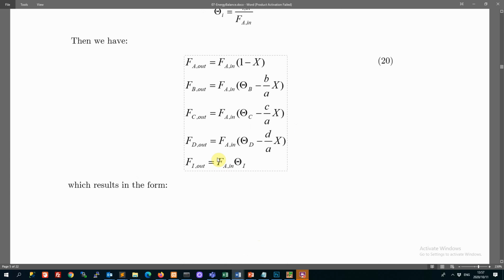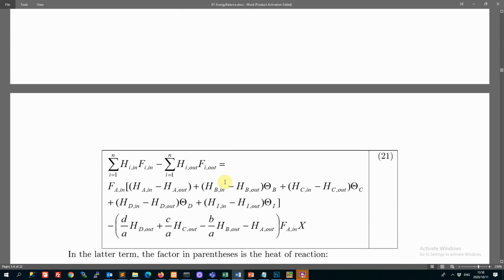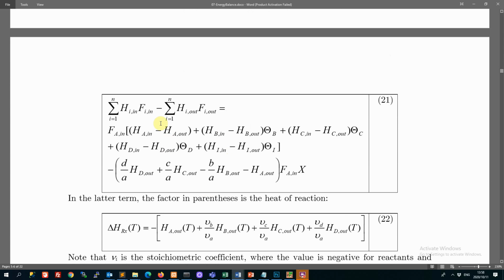So we can also refer the inert to the base component. So we can define a capital theta I for the inerts, and that product with the molar flow of A in is Fi out. Okay.